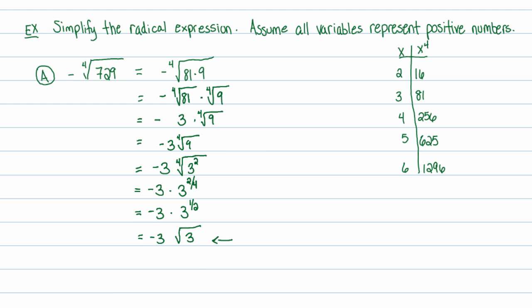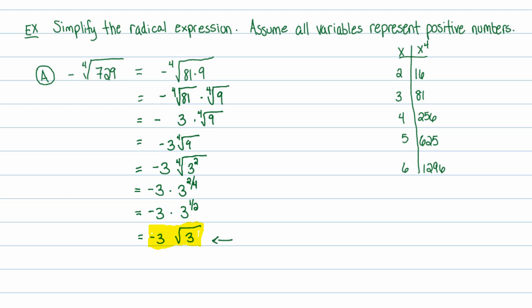I almost didn't see that. There is a way to guarantee that you can see it. I should probably do this a second way. Or maybe I shouldn't say a second way, but just reinforce the way we did this. So often we have the radical or the root of some constant. What I generally do is try to break apart that constant into the product of two numbers, one of which I could take the fourth root of, or the fifth root, whatever root we're talking about.